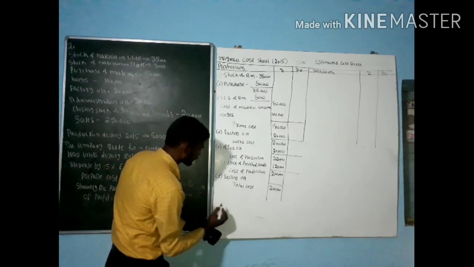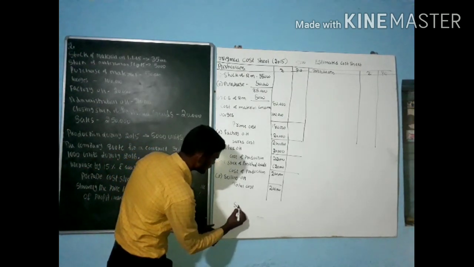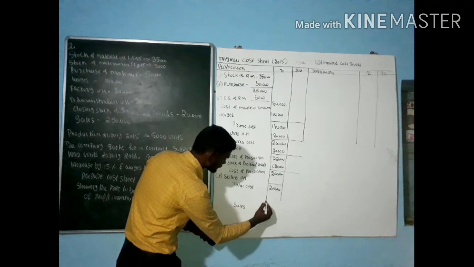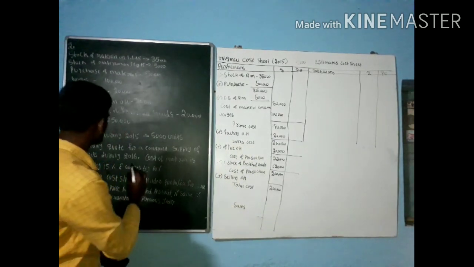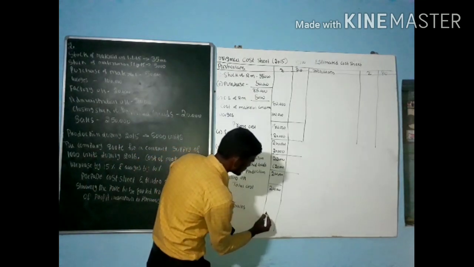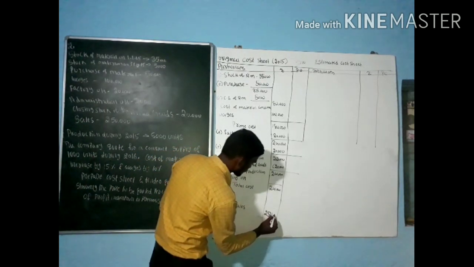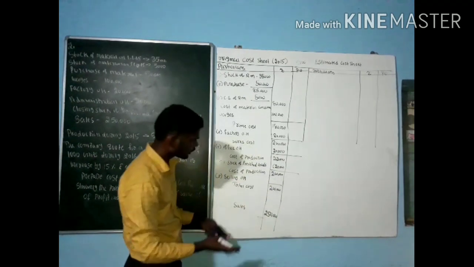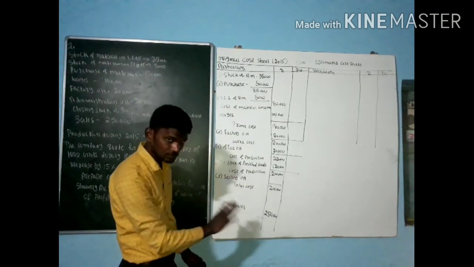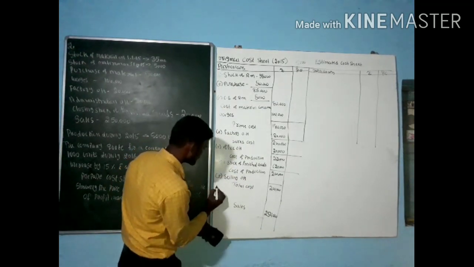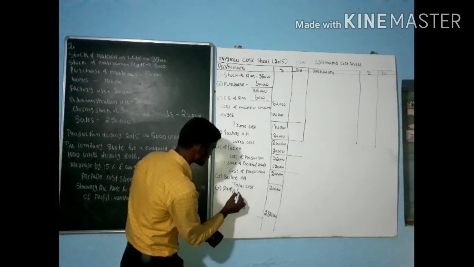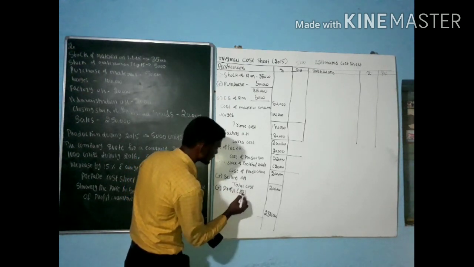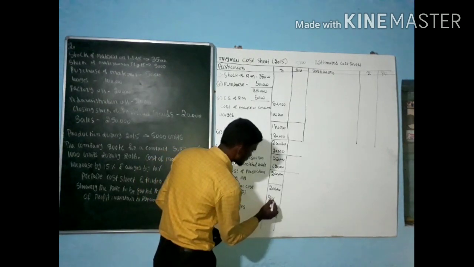I don't know whether I got profit or loss, but in the problem they given sales value. So how much is sales here? Sales they given 2 lakh 50,000. See, my cost is 2 lakh, my sale is 2 lakh 50,000. The difference amount is called what? That is profit amount, profit balancing figure, that is 50,000.